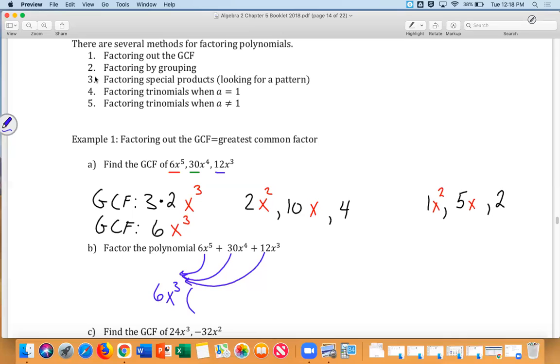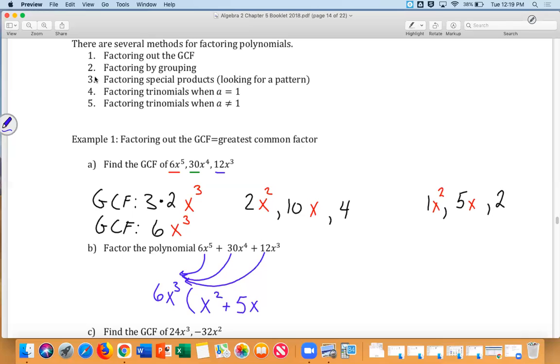That's going to leave me with 6 divided by 6 is 1. x to the 5th divided by x cubed is x squared. 30 divided by 6 is 5, and it's positive, because positive 30 divided by positive 6 is positive 5. x to the fourth divided by x cubed is x.